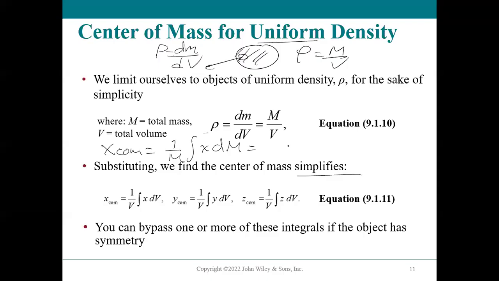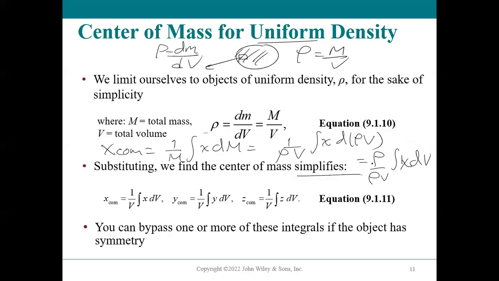Since dm is rho times dV, it is the integral of x rho dV, and since rho is the same for all of the body, we can take it out: rho divided by rho V, and then the integral of x dV.